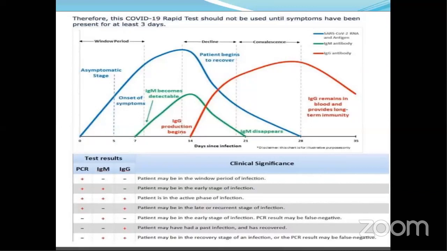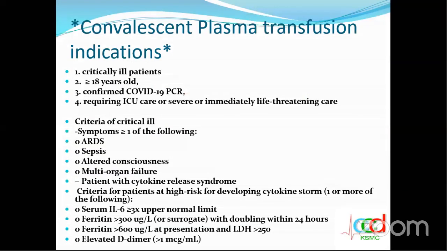Okay, next. So the convalescent plasma transfusion indication, of course, is supposed to be critically ill patients, age 18 years old and above, confirmed COVID-19 with PCR, and patients in a life-threatening condition, where we are using it as salvage therapy or rescue therapy.